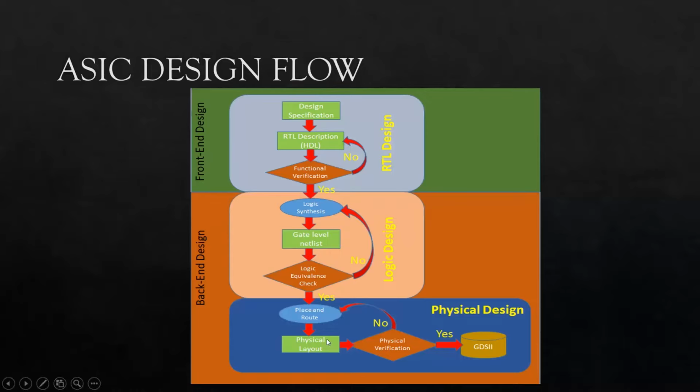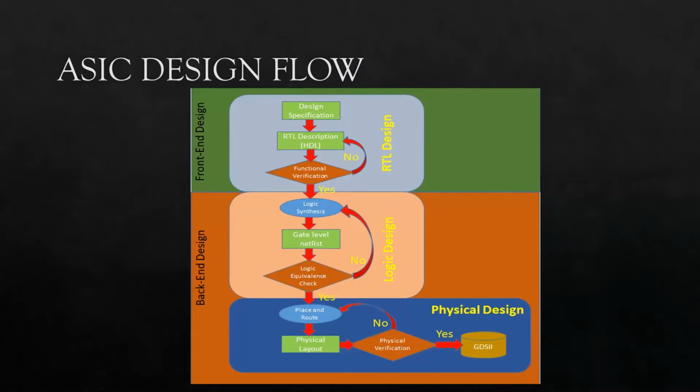After that comes the physical layout. Then comes physical verification. Functional verification means your front end verification; this is physical verification. If there are any bugs during placing and routing, it will raise a bug to the physical design team.